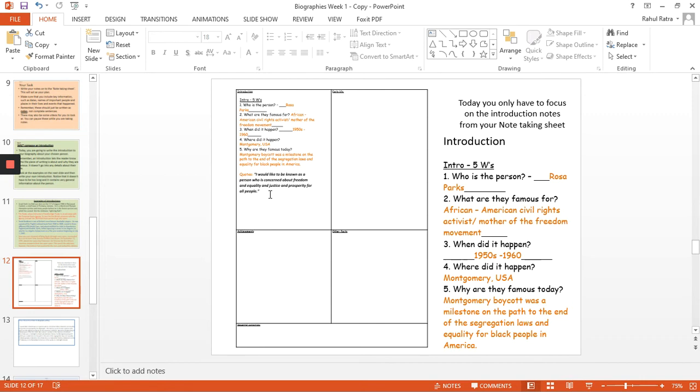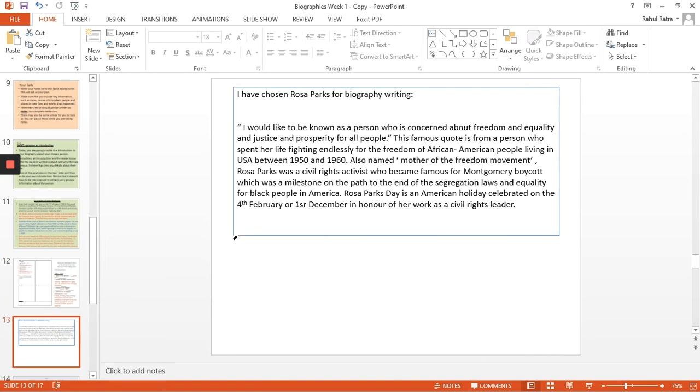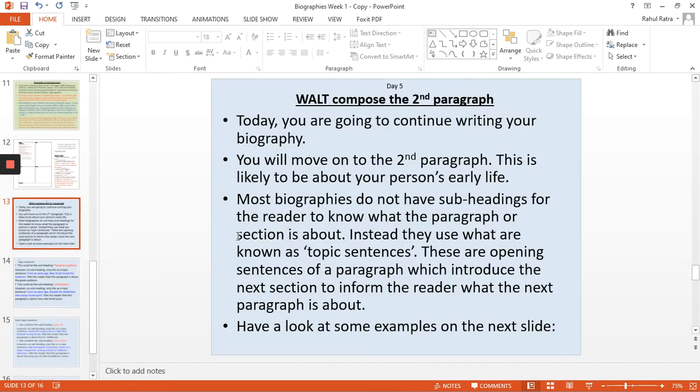I chose her because I believe in what she says. I also believe in equality and justice for all people, and I think that's why I've chosen her. Right, let's start writing the introduction.